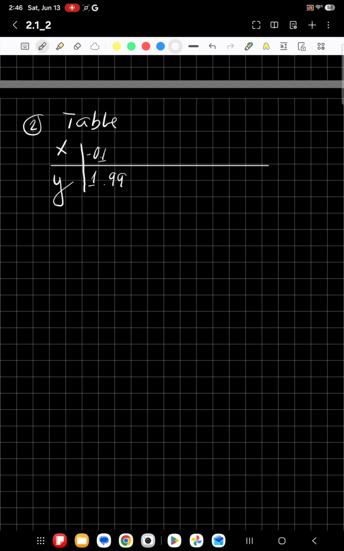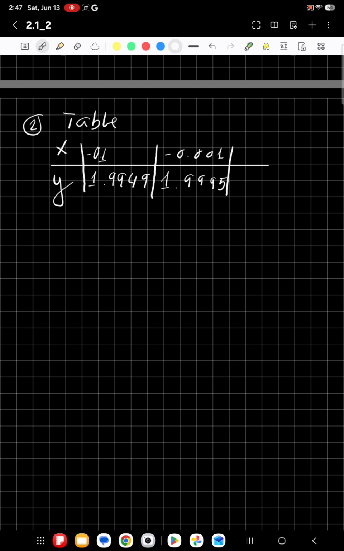Maybe I should do it this way, and then 49. Then if we take a number even closer to 0, which is negative 0.001, we plug that number into the expression, and we get 1.9995.